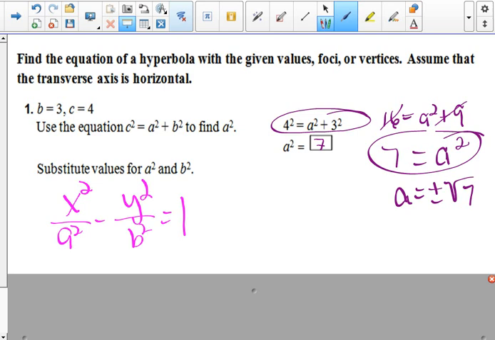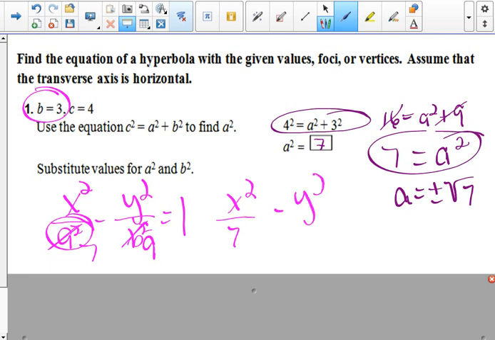Now substitute. So we know that a is equal to radical 7. So a squared is what we're filling this in with, so we're going to fill in with 7. B squared is going to be 3 squared, which is 9. So it's going to be x squared over 7 minus y squared over 9 equal 1.